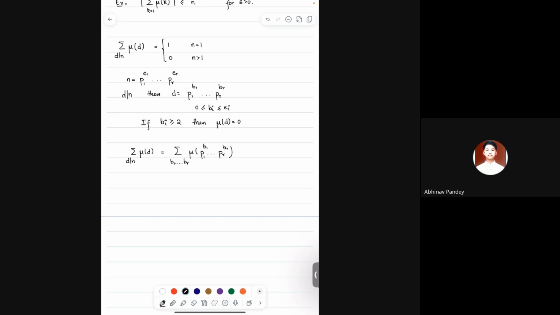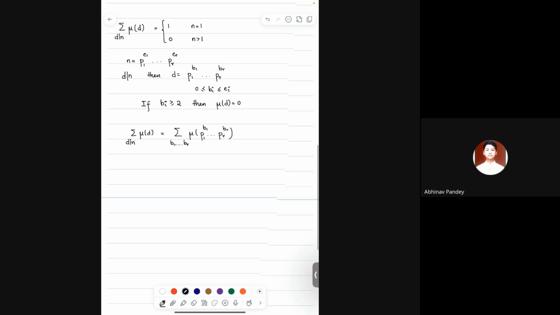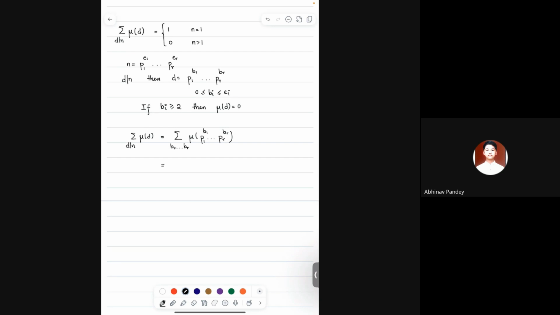I've just written down the divisors with their prime factorization. And now if I invoke the second fact that whenever I have b_i bigger than or equal to 2, mu becomes 0, then what do I see? The only ones that can contribute are the ones which have a single power at best, right?